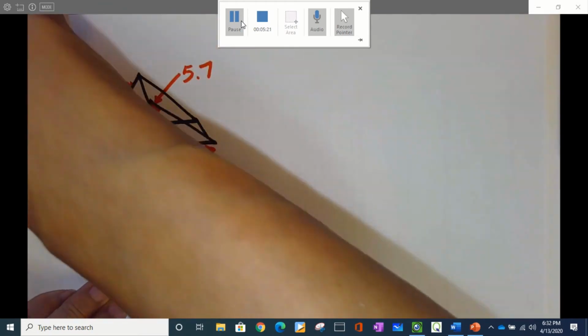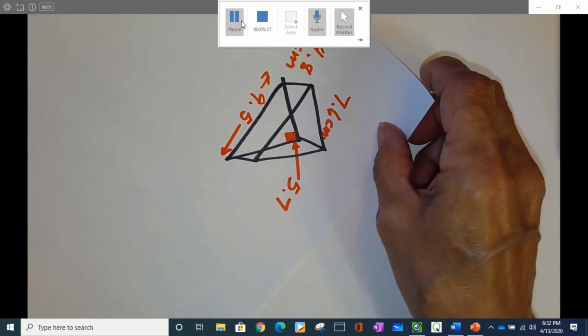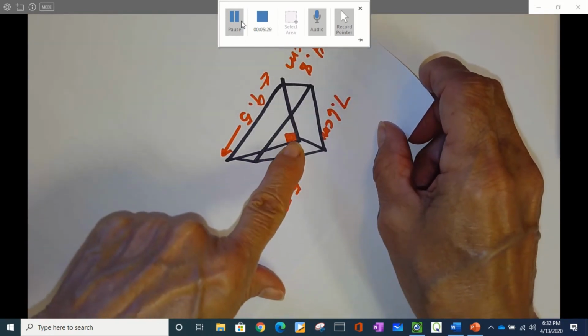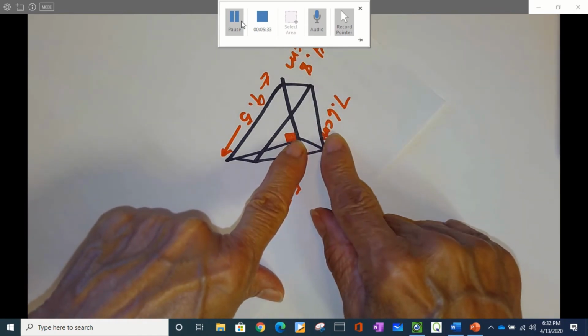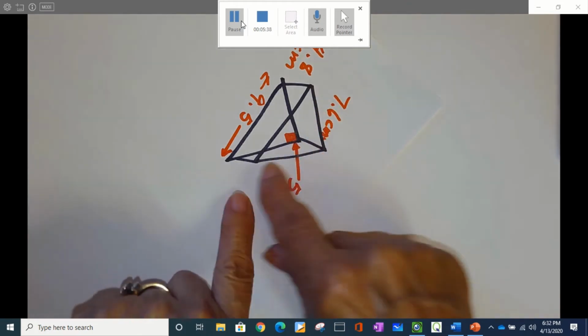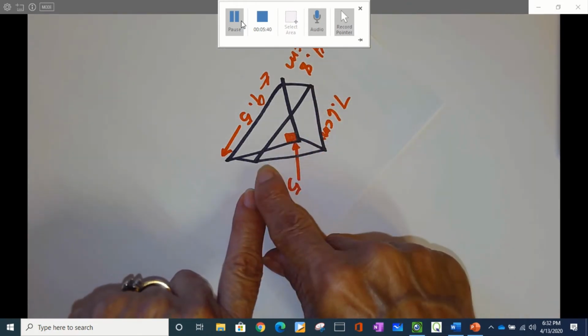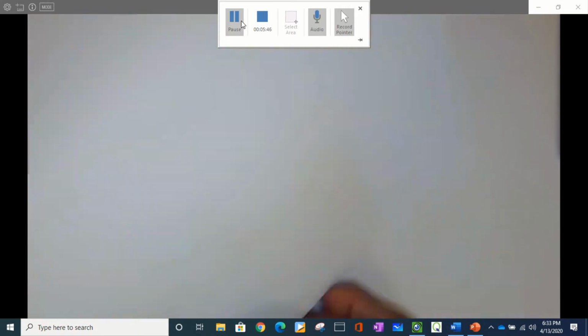This is actually my height, because if I turn this paper around and it looked like this, right here is my height. So my height is actually going to be this right here, the 7.6. This is considered a base, and this is considered a base right here. Okay, so let's turn this over.